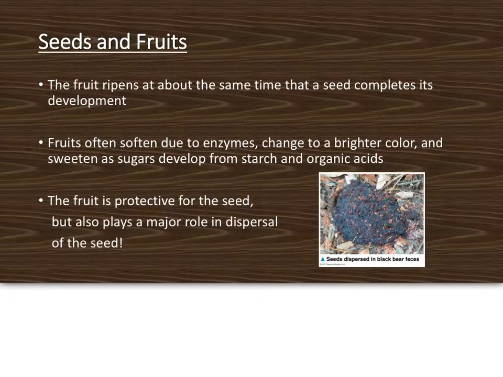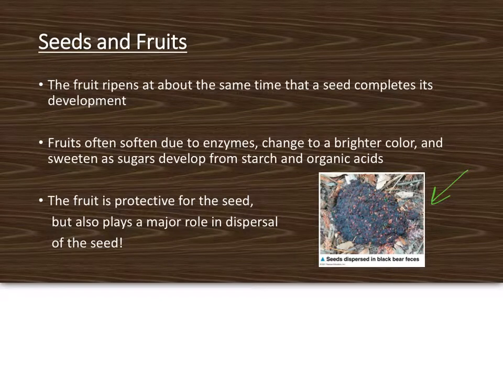You guys have probably all eaten fruit before that wasn't quite ripe, or at least fruit that was more ripe than others, right? And the riper ones are going to be sweeter and taste better to you, and that's because of these enzymes working. Now, like I said, not only is this protective, but it's an attractant to things that might disperse the seeds. So this is a really pleasant picture of bear poop, but in that bear poop there's tons of seeds.